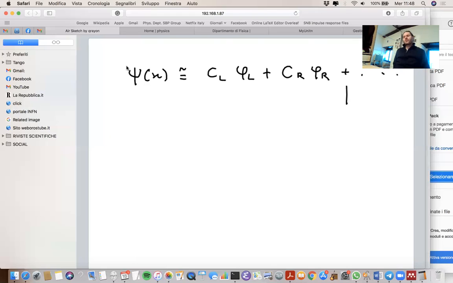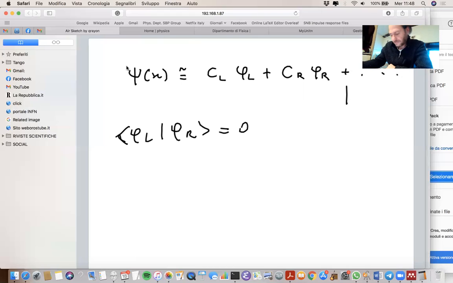But there is no guarantee. If we were to use a real basis that comes from diagonalizing an exact operator, we would be guaranteed that this would be an orthonormal set, and in particular, that the inner product of phi left and phi right would be exactly 0.